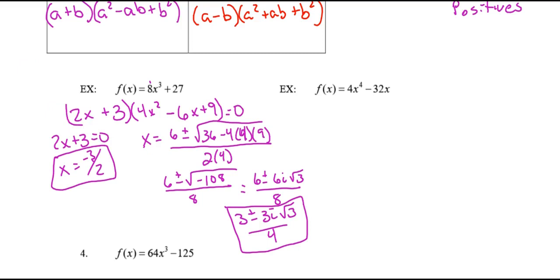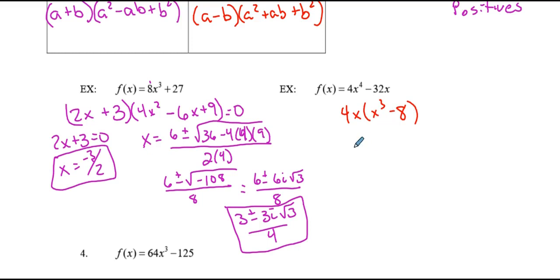Alright, so I'll do one more example here. The only difference for this example is that there's a GCF first. So I'll take that 4x out, which leaves me with x to the third minus 8.